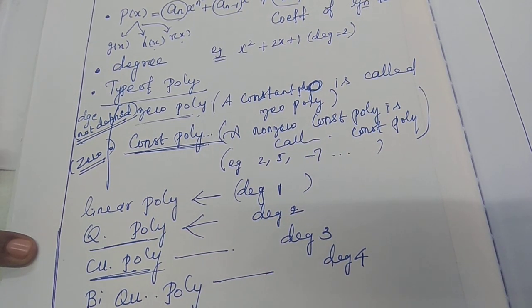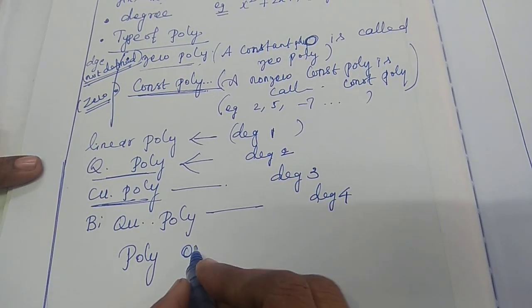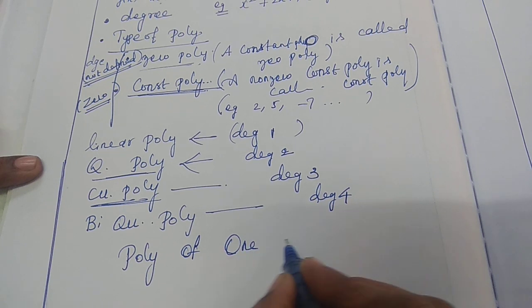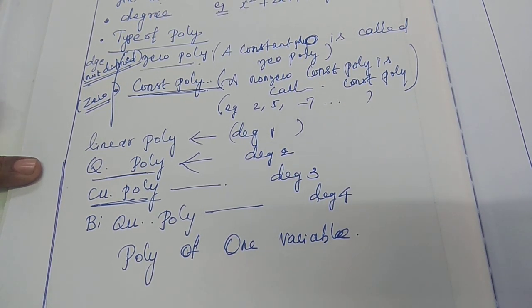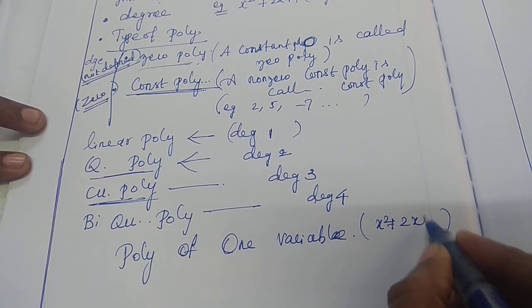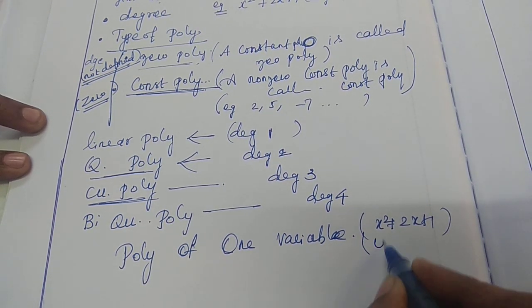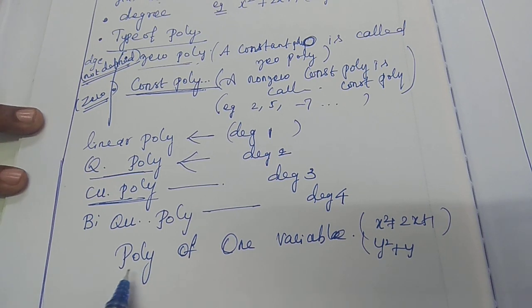Some examples are x square plus 2x plus 1, and y square plus y. Having only one variable means that it is named a polynomial of one variable.